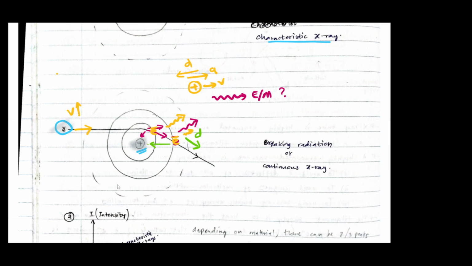Therefore, the photon energy is not the same, it's changing. If it changes, the wavelength changes, therefore we get a continuous X-ray.